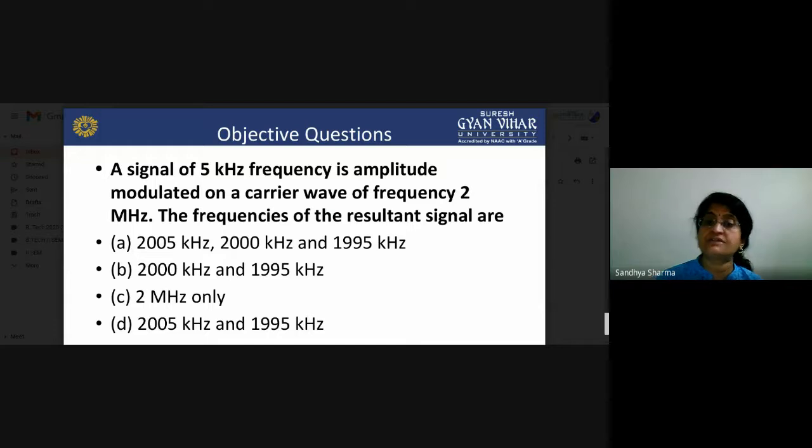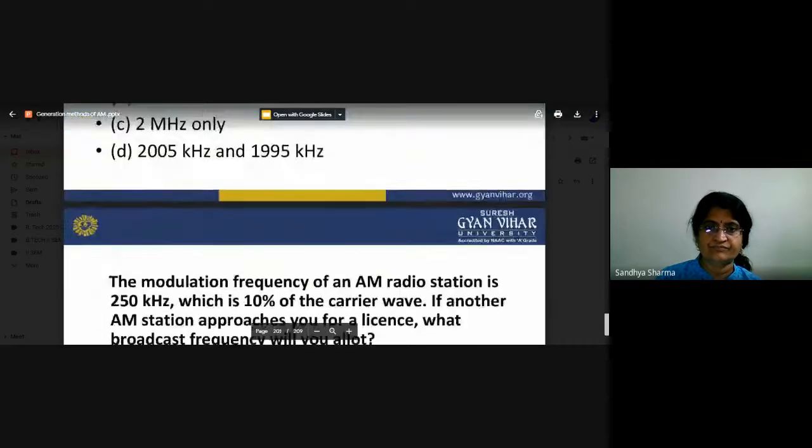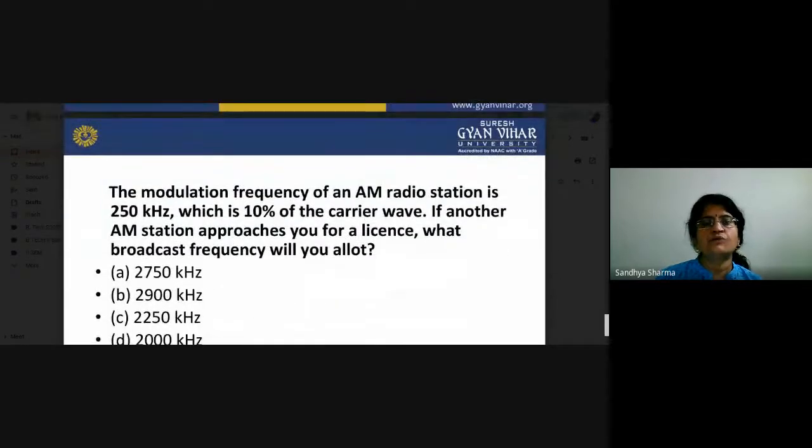So what are the frequencies of the resultant signals? Here we are talking about the resultant signals, meaning you have to know the lower sideband, upper sideband, and the carrier signal. Now, the second question is about the modulation frequency of an AM radio station, which is 250 kilohertz, and which is 10% of the carrier signal.